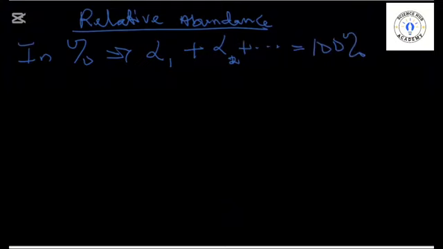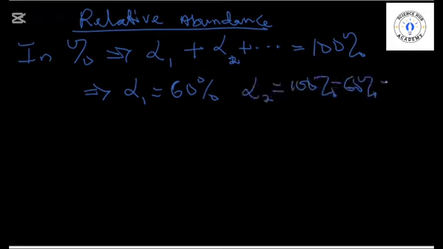So if I was given alpha 1 to be equal to 60%, I definitely know that alpha 2 will be 100% minus 60%, which gives 40%.